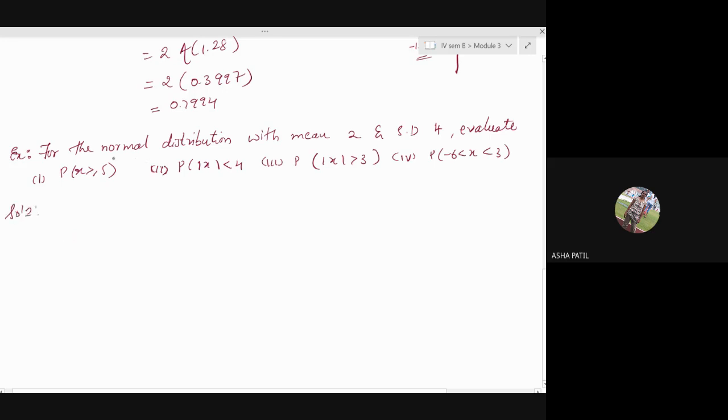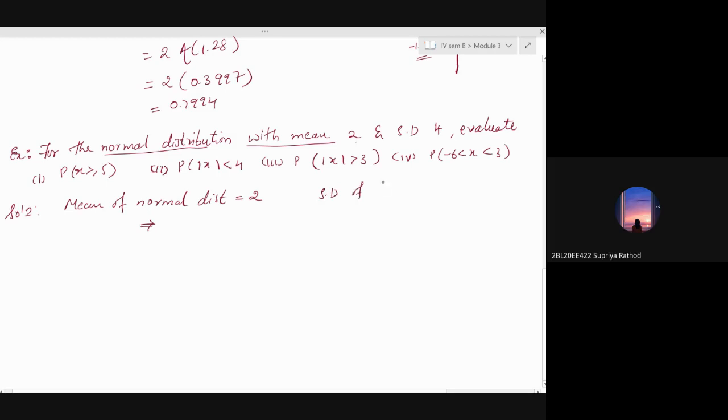So look at the question: for the normal distribution with the mean 2. Mean of the normal distribution is given. What is the mean of the normal distribution?